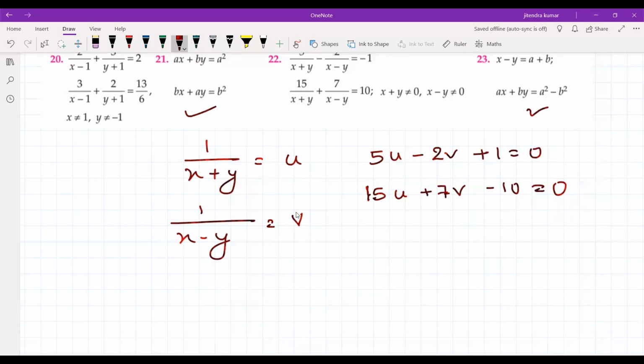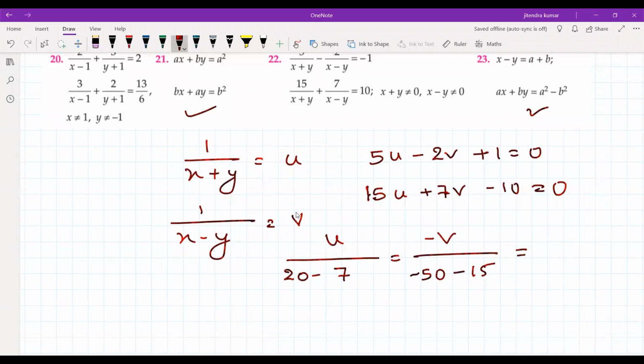So you just have to apply cross multiplication here. So this will give us u upon 20 minus 7 is equal to minus v upon minus 50 minus 15, and then 1 upon 35 plus 30.